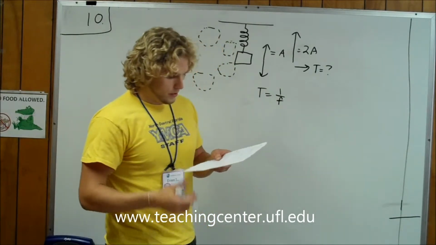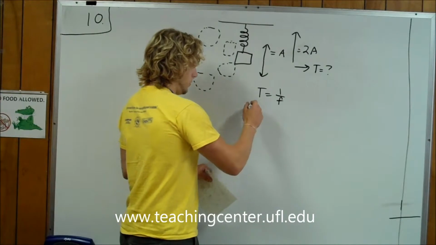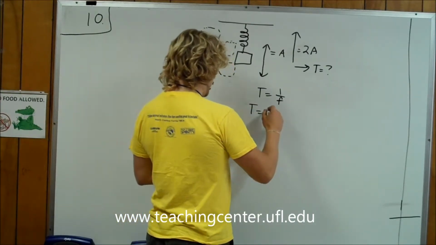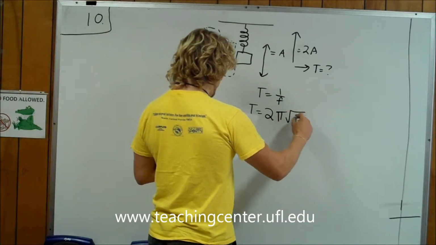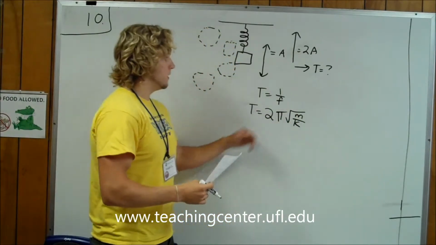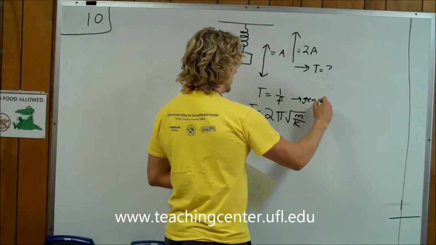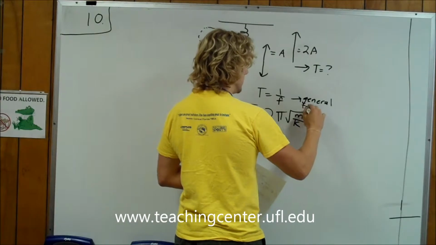Now, another equation that the period has is 2 pi root m over k for a spring. This is for a spring. This is just in general for waves, for simple harmonic motion.